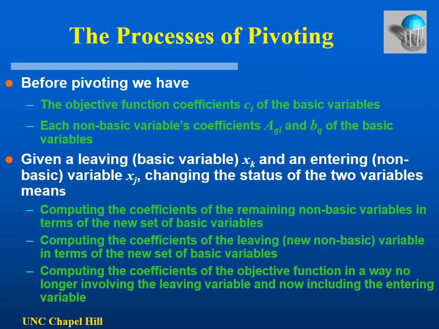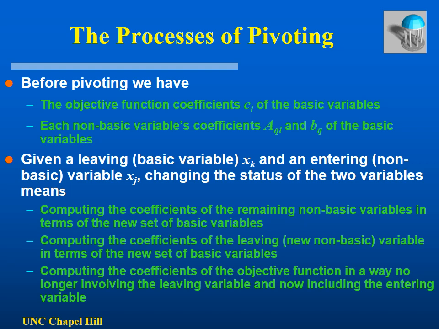So before the pivoting computation is done, we have the collection of c sub i, which are the objective function coefficients, and all the various a sub qi and b sub q with respect to the basic variables x sub i.